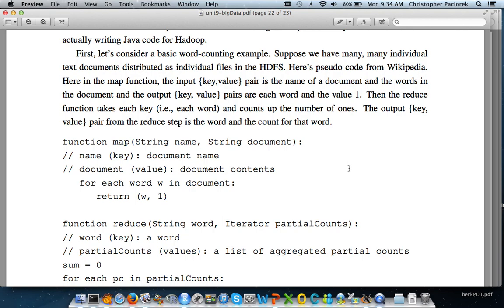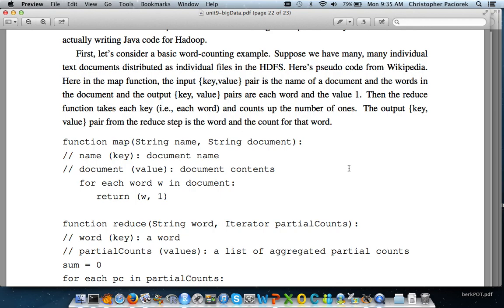So my map function in this case would operate on each of these, where this is specifying a chunk of data. And you can imagine these chunks of data are stored in a distributed fashion across all the various machines. Then for every word in the document, this function is going to return the word, which is the key at this point, and just a 1 to say I found one of these words.